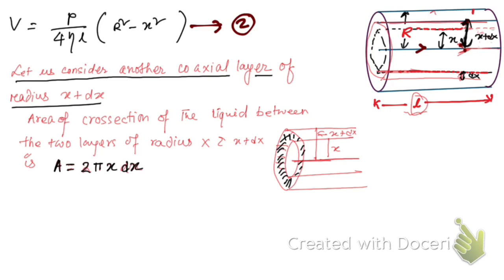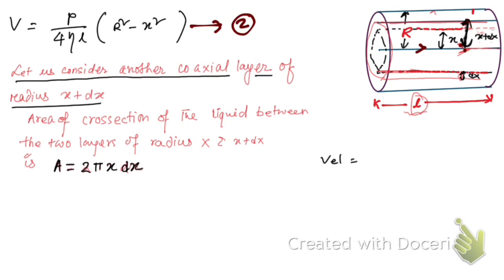Now you see, the velocity of this layer we have considered is v, and if you multiply it by the area of this cross section, then you're going to get the volume of liquid through this cross section, that means between the two layers, the volume of liquid per second. Let me show you why. Velocity is nothing but displacement by time.